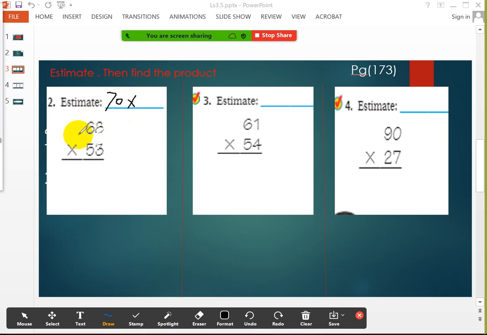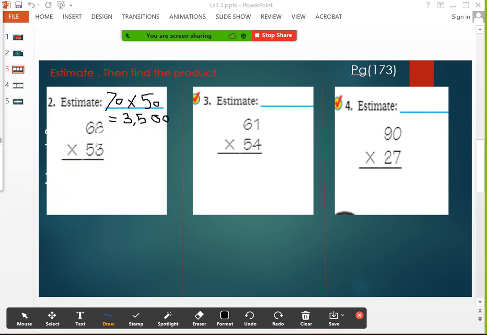That means I have to add 1 to the tens. Now 53 becomes 50 because before the tens I have 3, and 3 is less than 5, as we repeated this strategy many times. Now 7 multiply 5 equals 35, and I have to put 2 zeros next to the answer, so it will be 3,500.